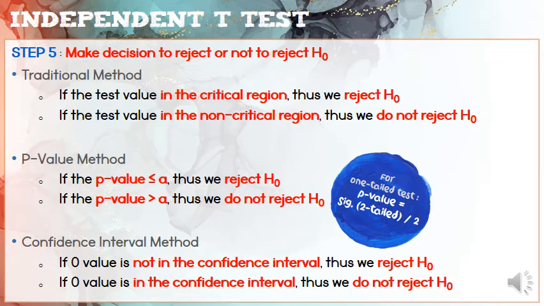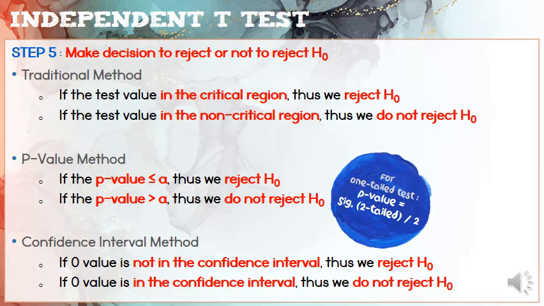In step 5, we have to make a decision whether to reject or not to reject our H0. There are three methods that we used before this. The traditional method: if the test value is in the critical region, we reject our H0, and if it is not, we do not reject. If we are using p-value method, if the p-value is less than or equal to alpha, we reject our H0.